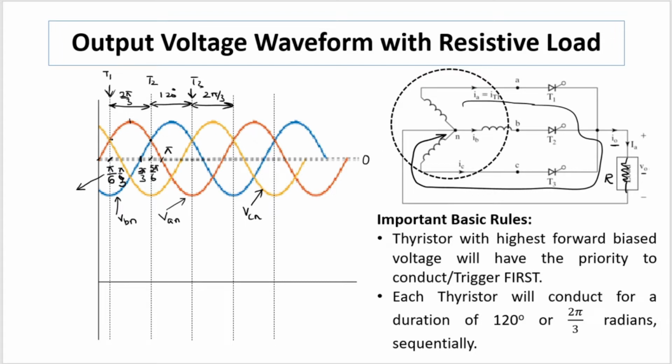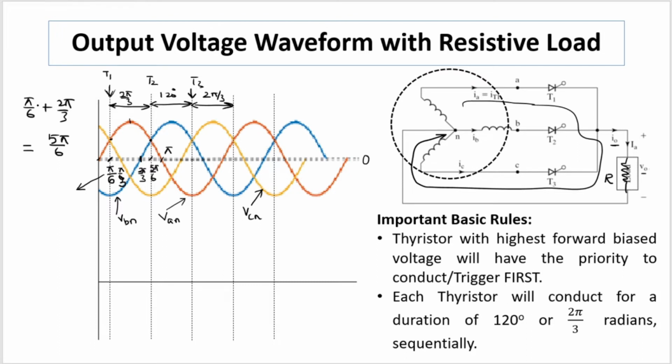So our starting point will be pi by 6, where thyristor T1 will be triggered, and pi by 6 plus 2 pi by 3, that means thyristor T1 will conduct up till 5 pi by 6.